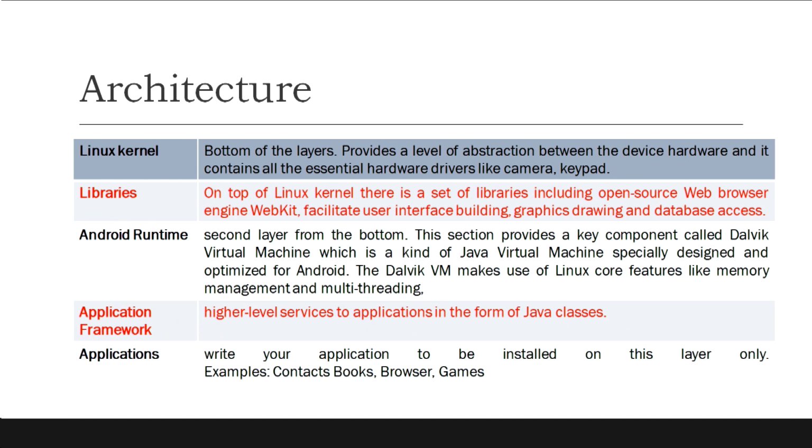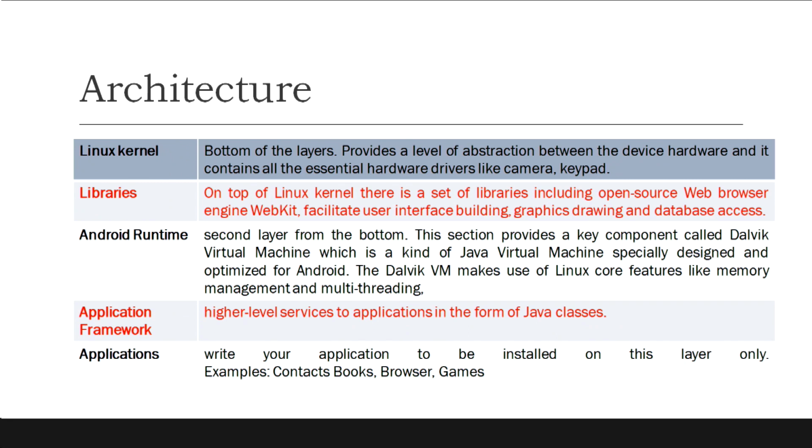The application is the top level layer, which helps you to write your own application. The layer can help you to create your own contacts, books, browser, camera, games, and so on.